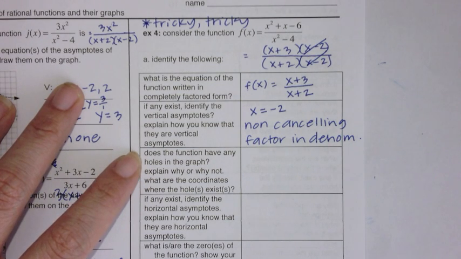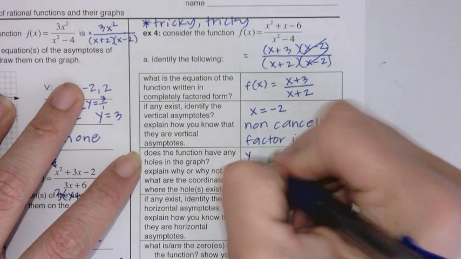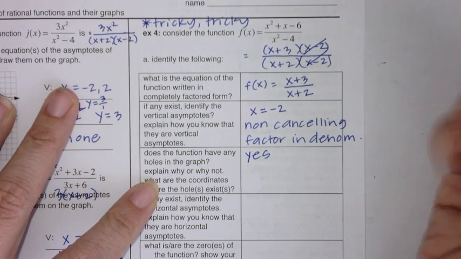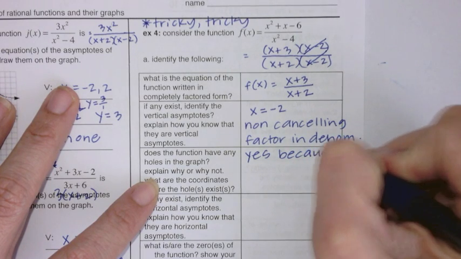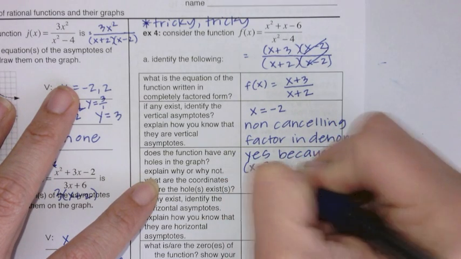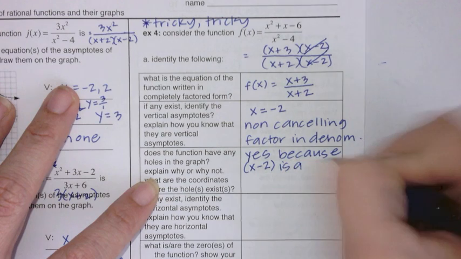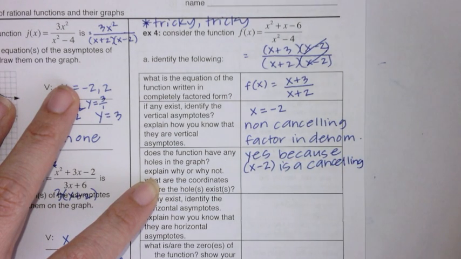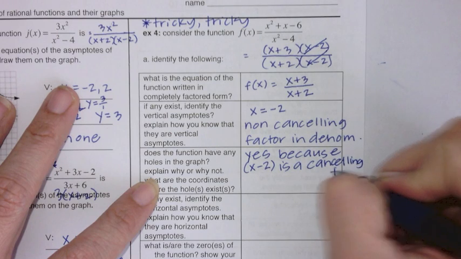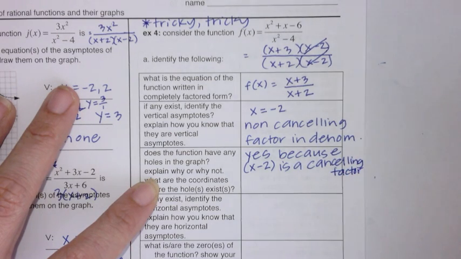Does the function have any holes in the graph? Yes. Explain why or why not. Yes, because x minus 2 is a canceling factor. You don't have to write in the numerator and the denominator because it can only be a canceling factor if it's in both.